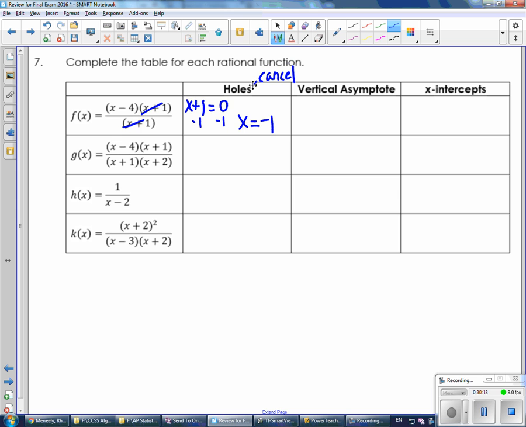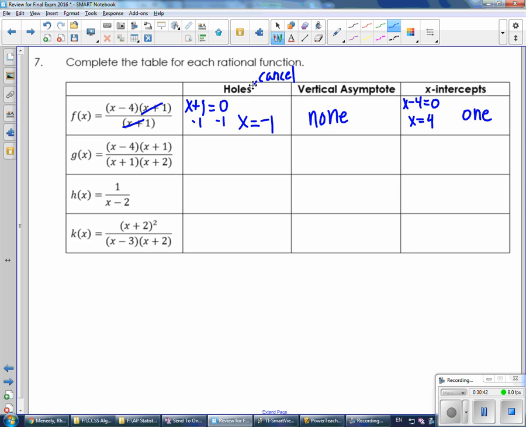Since there's nothing else left in the denominator, I don't have any vertical asymptotes. And then I just have to look at my numerator again to see if there's any way that my numerator can be 0. Since I still have that factor of x minus 4, if I set that equal to 0, I find that x equals 4 is one of my intercepts. So there is one possible intercept.